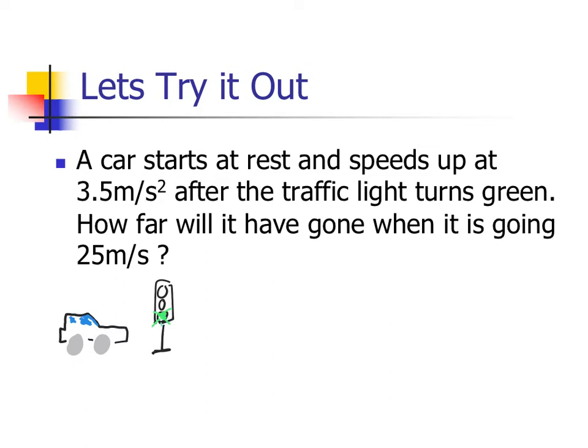What is the initial velocity of that vehicle as it sits there? 0. Believe it or not, it's very important to note that the initial velocity is 0. So there we go. V sub i, 0. 0 what?